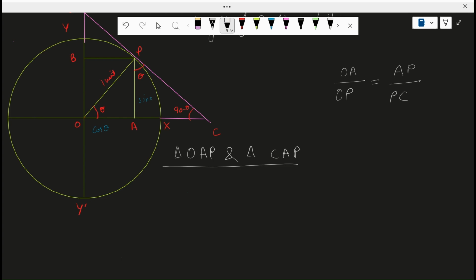How have I calculated this? This angle theta has adjacent side OA and this side is OP. So I wrote both these in proportion. Then this is our base side, that is adjacent. So for this angle we have base side as AP and hypotenuse as PC. So again I have written them in proportionality.